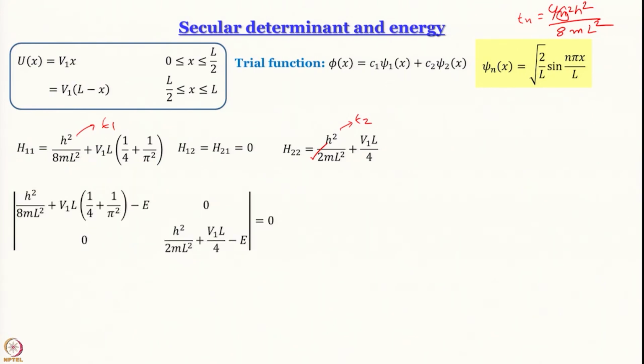The secular determinant we get is this, and it is very nice because it is a block factorized determinant. Since H12 is equal to H21 is equal to 0, we get a block factorized determinant, and block factorized matrices and determinants are lovely because now the solution becomes so easy.